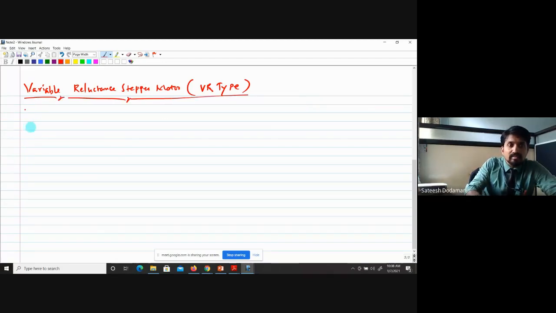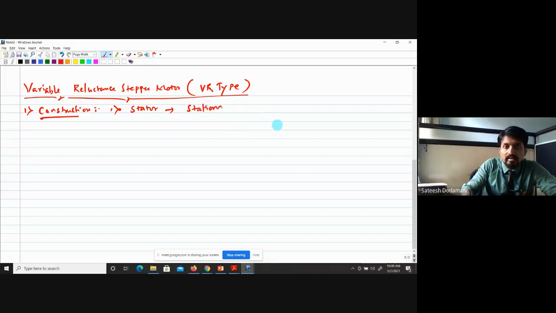From the point of view of construction, it basically consists of two parts. One is a stator, which is the stationary part that is not rotating, and the rotor is the rotating part.